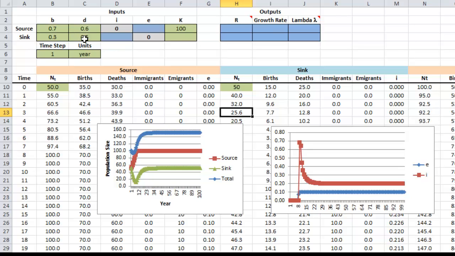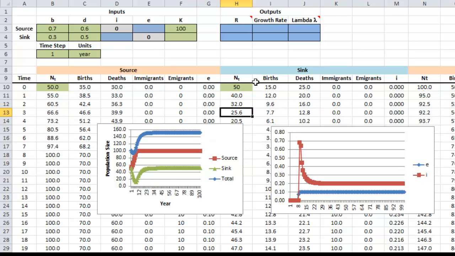Here's a loss of 0.2 individuals per individual per year. So it's going to decline faster, but over time we see that the population begins to pick up and eventually stabilizes again, and our whole system stabilizes at roughly 150 individuals.